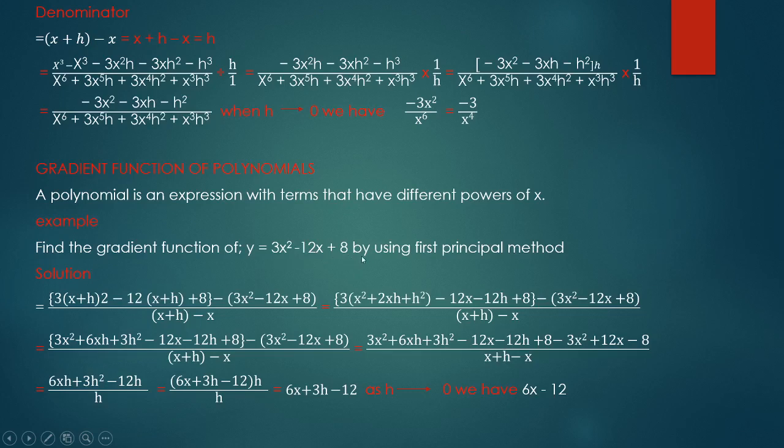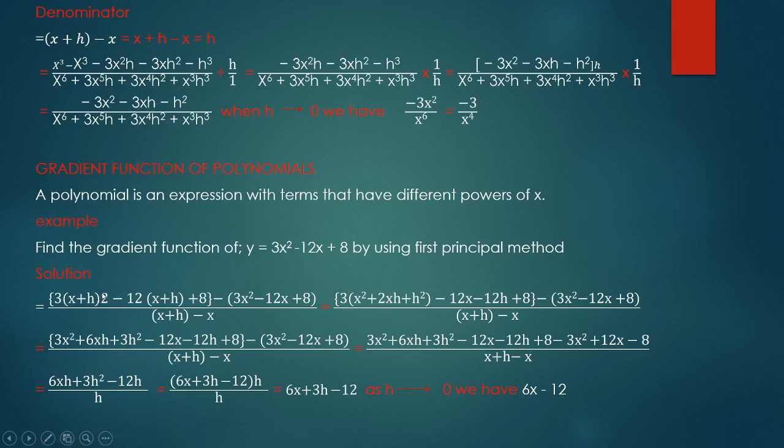We will have 3, where we have an x, we put x plus h, we square, minus 12 into x plus h, because x is x plus h, plus 8. Then we minus this original one as our y1, all over x plus h minus x.